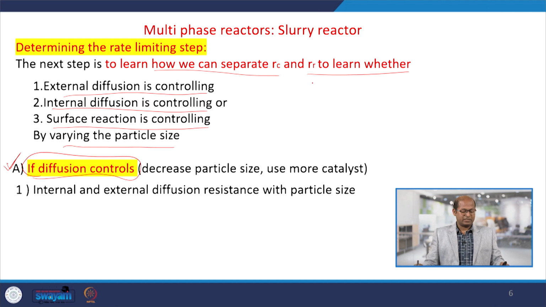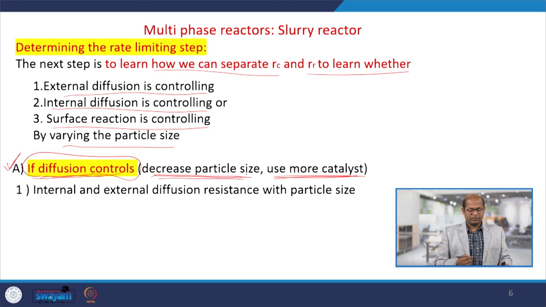In the first case, if we assume diffusion control, meaning the diffusion of one component from one point to another controls the overall reaction, then how can we control the reaction? By controlling the diffusional part. For that, we have to decrease the particle size, or we have to use more catalyst. How that works, we will discuss.